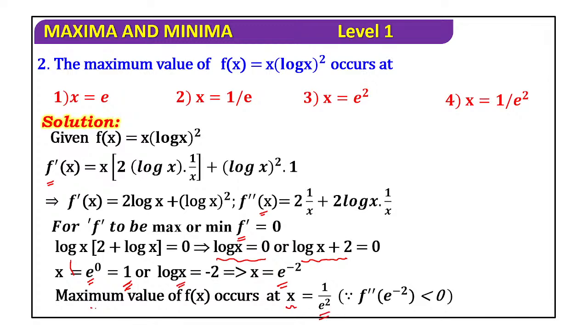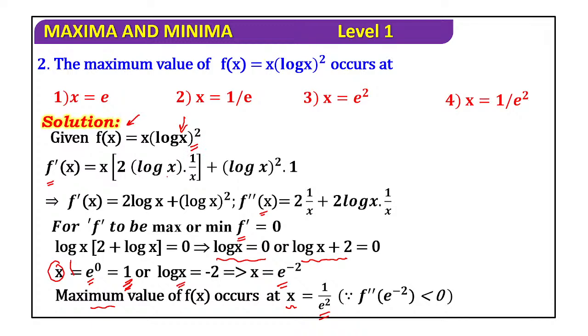Whenever you put x equal to 1 in f of x, log 1 is 0, therefore the complete term becomes 0. And whenever you put 1 by e square, you will get the maximum value for f of x.